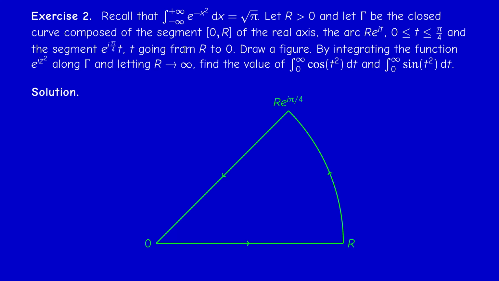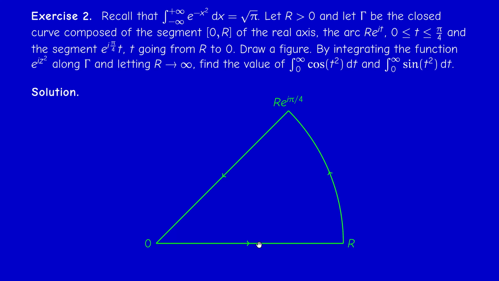So we have to integrate now the function e to the i z squared along gamma, and then let r tend to infinity. So the strategy is actually to compute the integral in two ways. First we use some theorem like Barrow's rule, or Cauchy's theorem or Cauchy's formula to evaluate the integral by means of complex variables methods, so by means of the results of the theory.